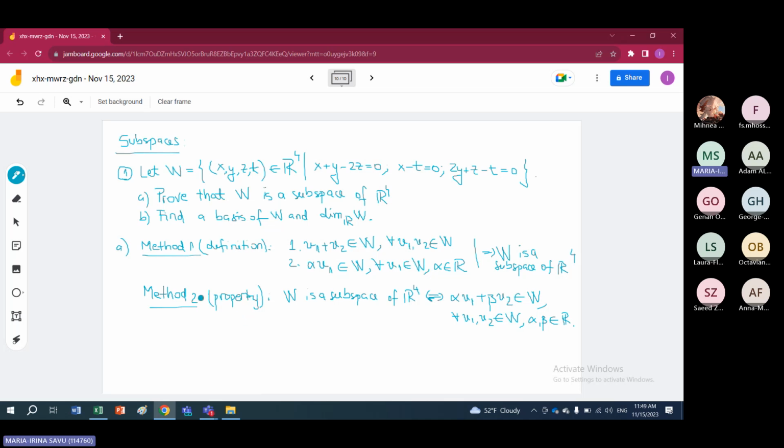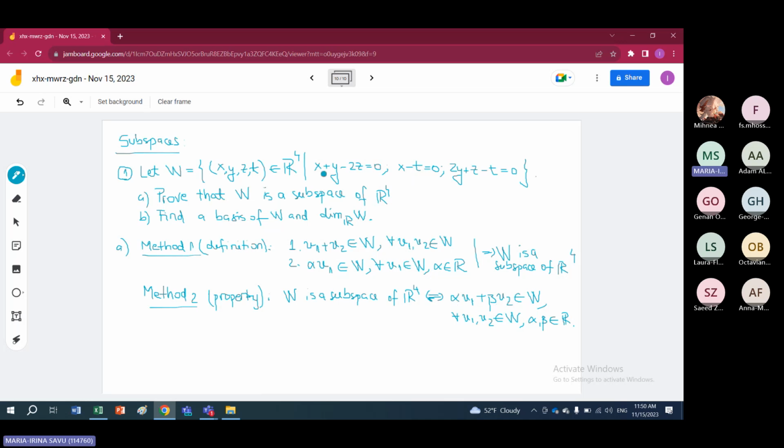But how would you do it in this case? Let's say that we choose method number 2, and we are using this property. What should you do? Well, if you take V1, V2, two vectors from W, you have to check these conditions for this vector.